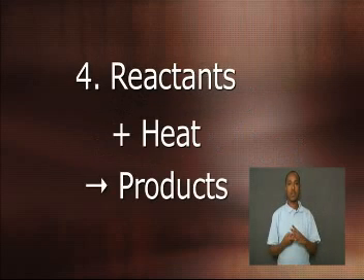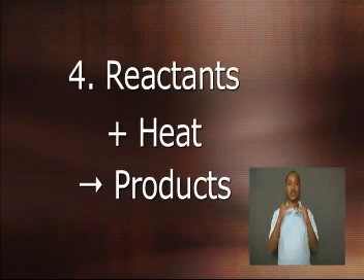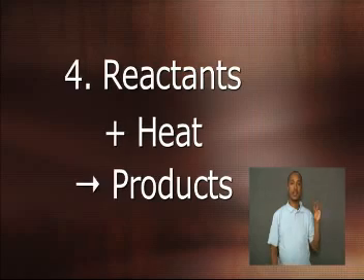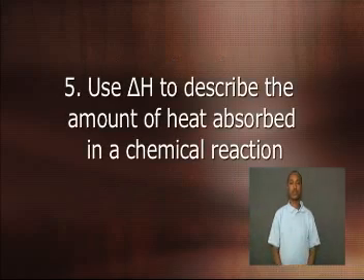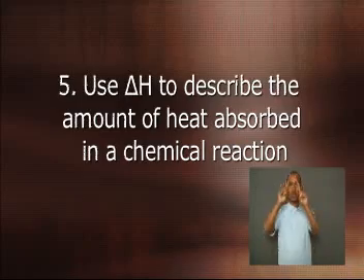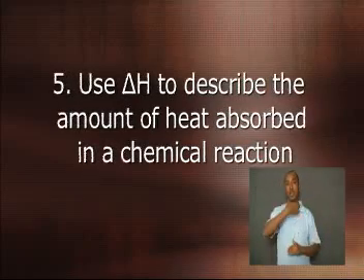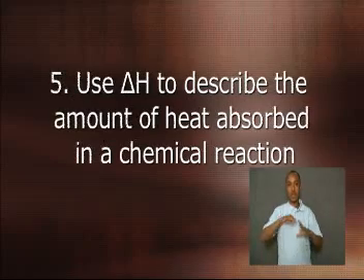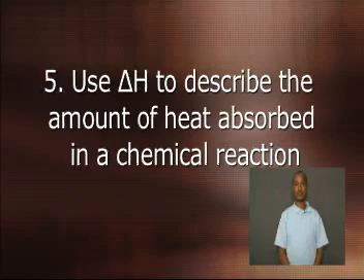Fourth, we use this equation to describe reactions that absorb energy. And fifth, we use delta H to describe the amount of heat absorbed and released in a chemical reaction.